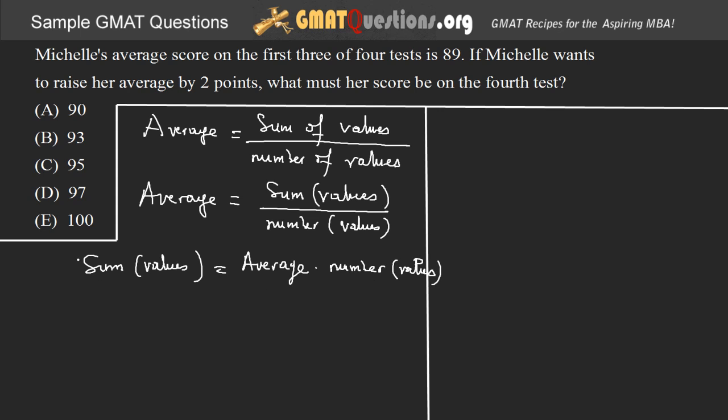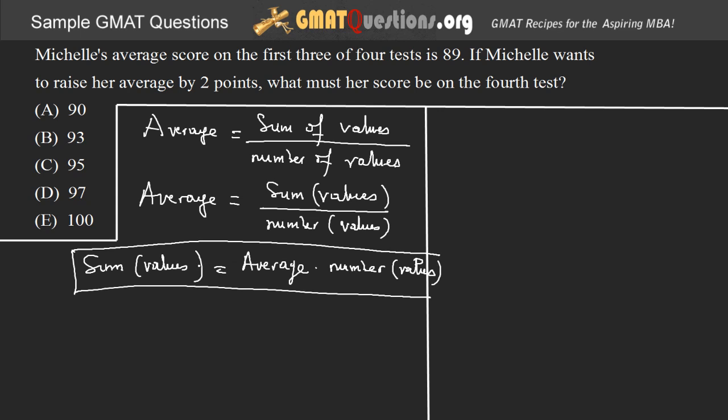This formula is important because we'll be using it to speed up the process. Instead of looking at the average as the sum divided by the number, a fraction, a formula that is equally true is that the sum of the values is equal to the average multiplied by the number of values. What I did here is just cross multiply. This is an easier formula to deal with, and it's going to speed up the whole process, as you will find out in a moment.